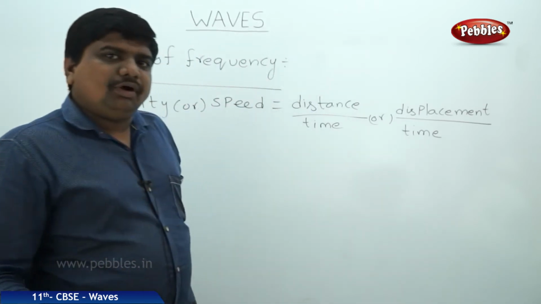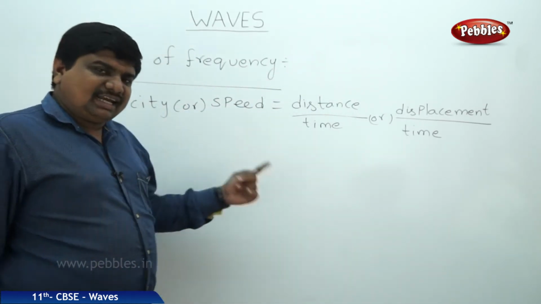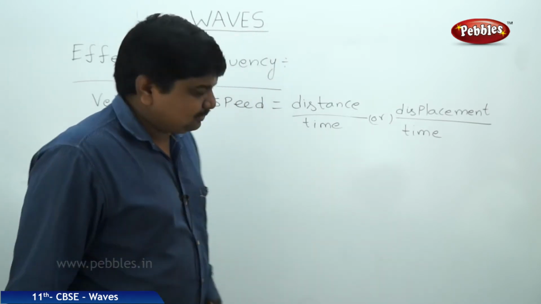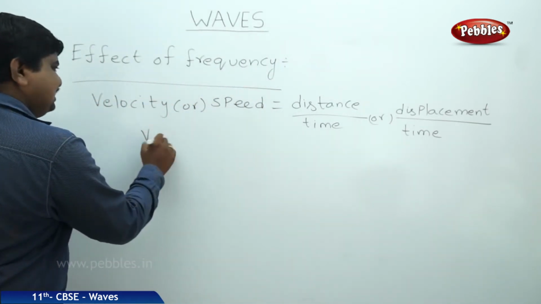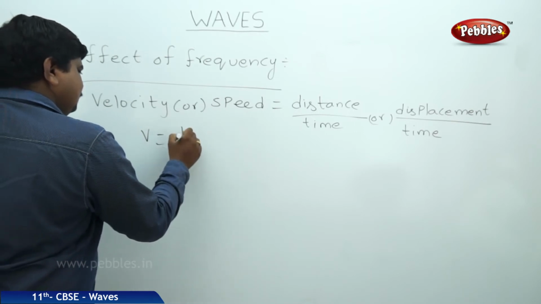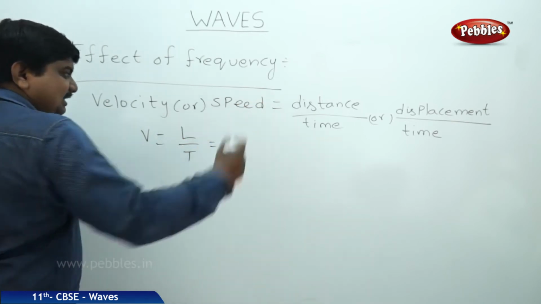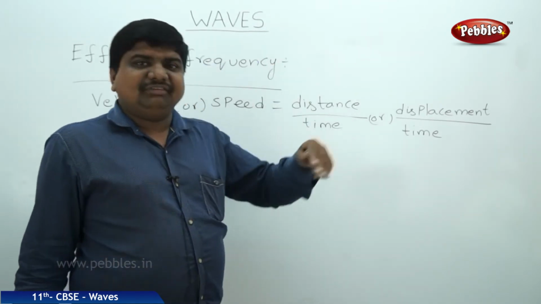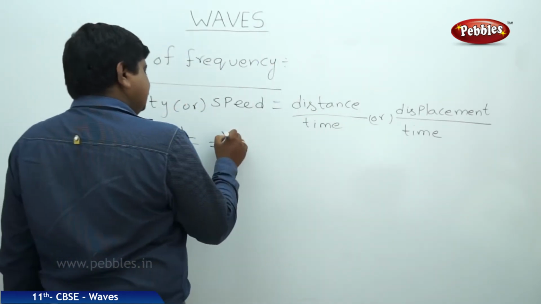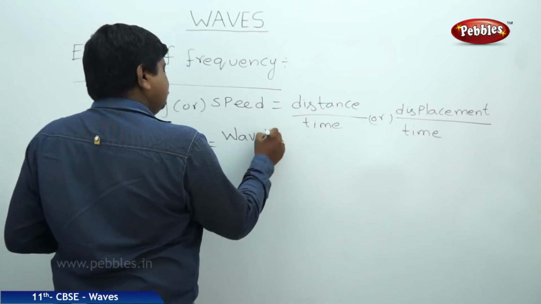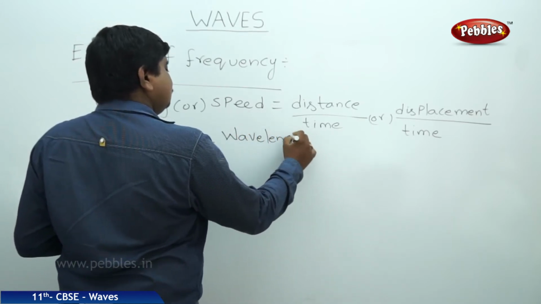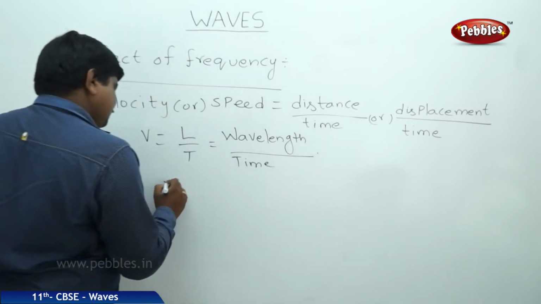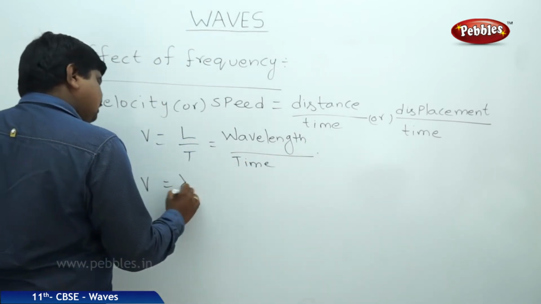If a wave or any disturbance was traveling in a straight line, we can say that distance magnitude is equal to magnitude of the displacement. Therefore, V is equal to L by T. But the distance traveled by a wave in a given time through the different variations is said to be wavelength. By time. So, V is equal to lambda by T.